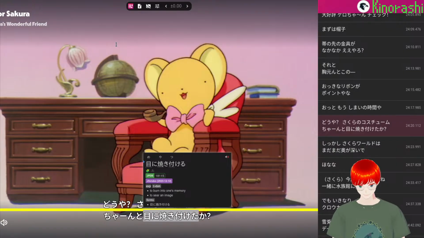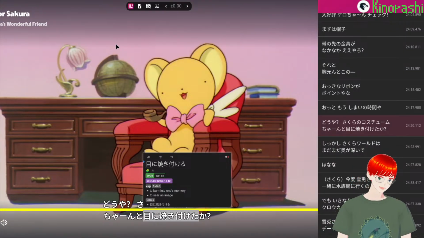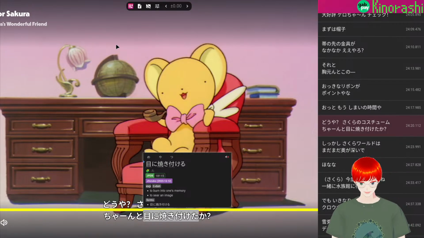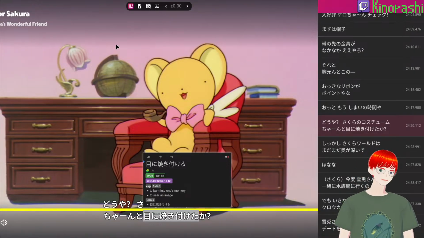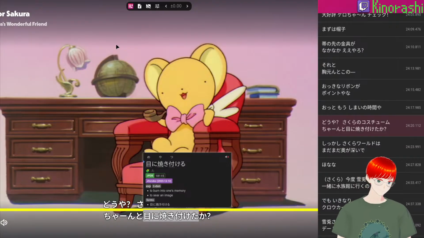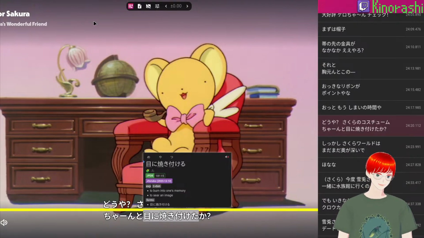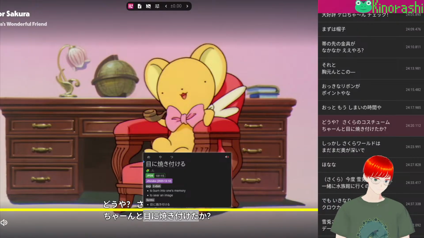So to burn, attach to the eye. So yaki tsukeru. To bake, to fire on, to burn into one's memory. Oh, to bake a design onto, or to burn into one's memory. So we're talking about cooking and burning and attaching, which could be a design being on a cake or burning into one's memory. In this case, we're using it in the latter sense. So did you burn that into your eyes?